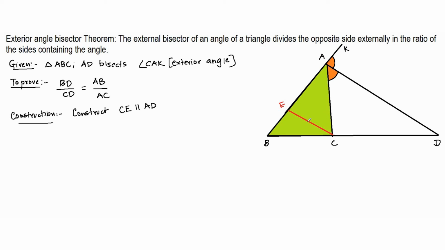So these two lines are parallel now, and because they are parallel I can say, by corresponding angle test, let me now start with the proof, that angle AEC is equal to angle DAK because of corresponding angles. So angle CEA is equal to angle DAK because of the corresponding angle test.